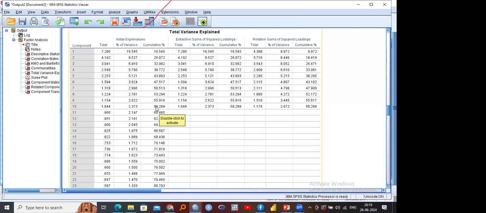I think you all must know by now what a cumulative percent is. We keep adding all of these. So the 10th component is able to explain 58.289% variation. So we can say that these 10 components which have eigenvalue more than 1 are able to explain 58.289% variation. This is the first section of this table.